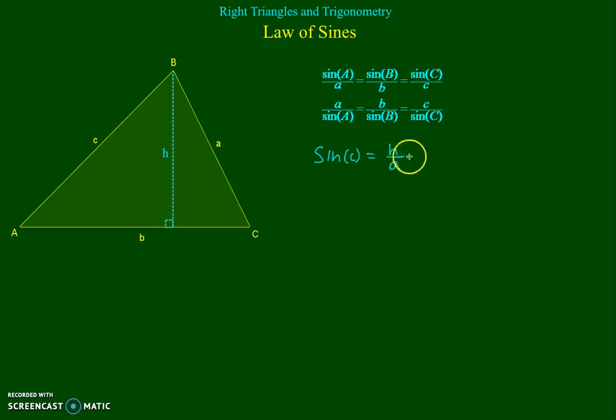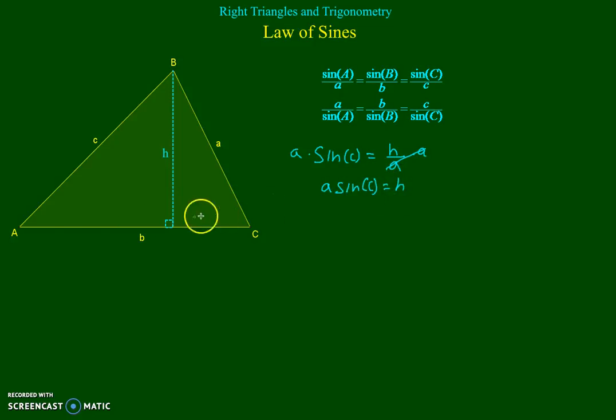Now if I solve for H, I multiply both sides by A, these cancel out, and I have A sine C equals H.